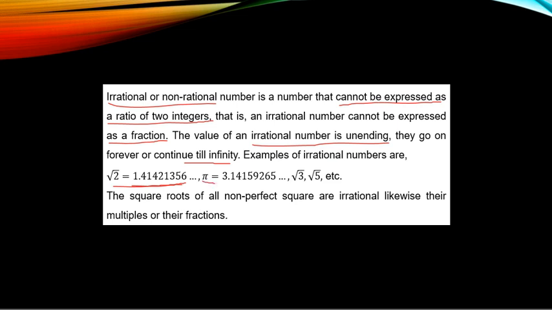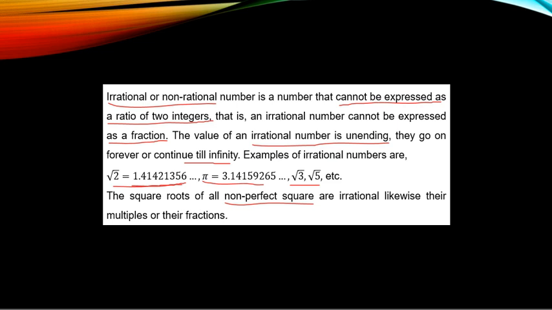The value of pi, as you know, is 3.14159265 and so on. It is also an irrational number. Others include the square root of 3, the square root of 5, etc. So the square roots of all non-perfect squares are irrational numbers.